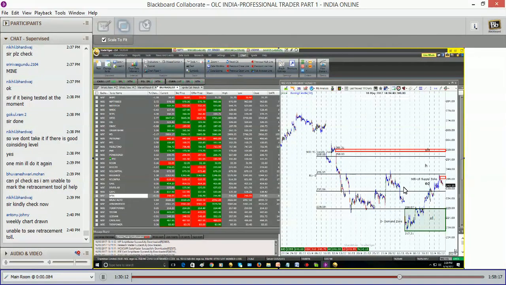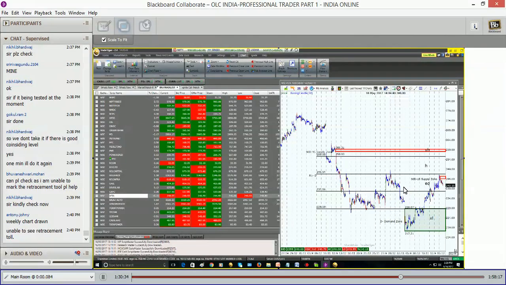Okay. Tata Steel weekly, yes, it is correct. Can you go to the smaller time frame, Anthony?